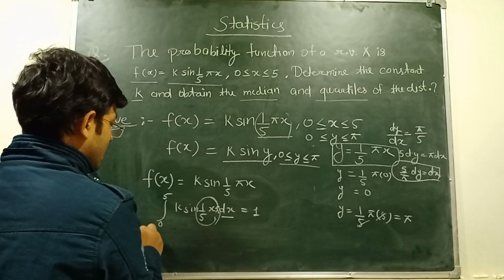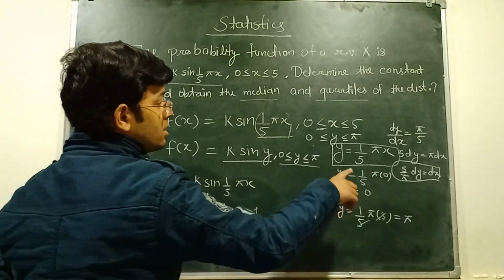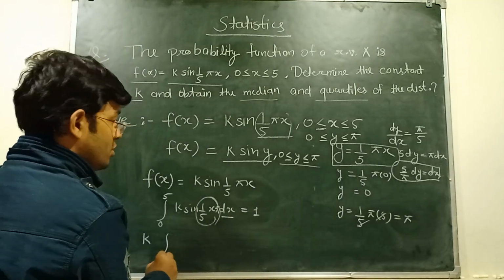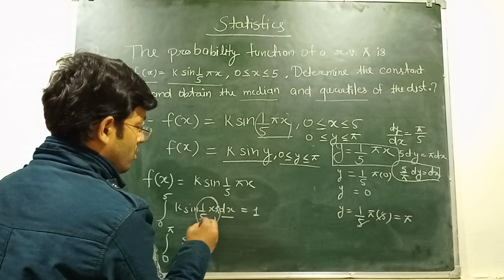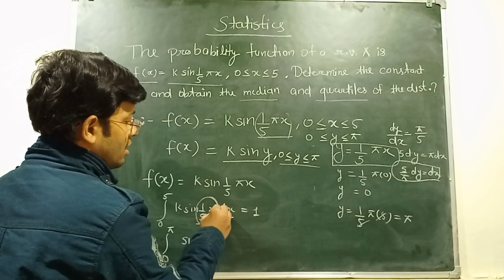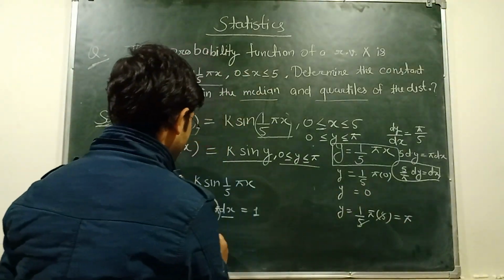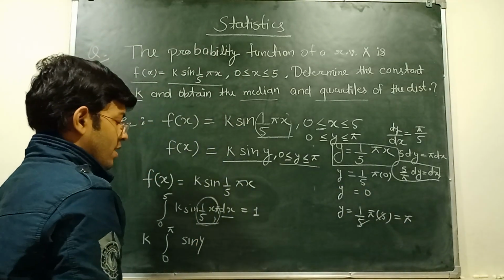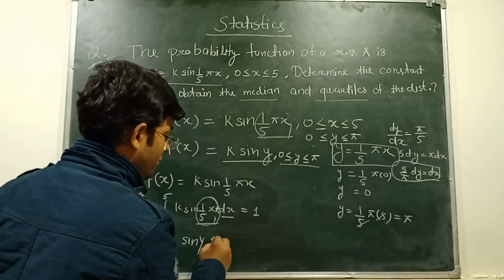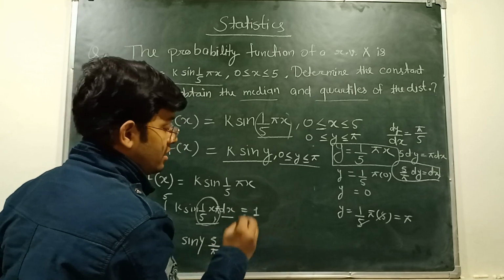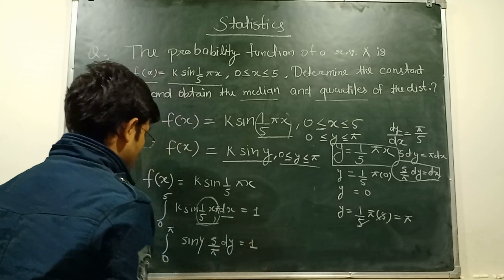So first of all, k is our constant, the new limits are 0 to π, and sin y, because we changed this term into y, and in place of dx we write 5/π dy, equal to 1.